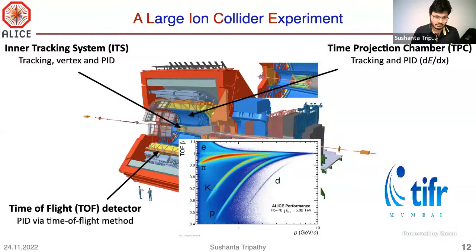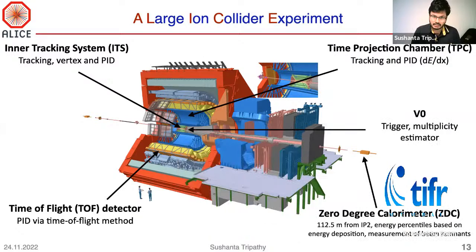Similarly, we have the time-of-flight detector, where particle identification can be done by the time-of-flight method. And then there are two forward detectors: one is V0 and another is the zero-degree calorimeter. V0 is used for triggering and for multiplicity and centrality estimation.